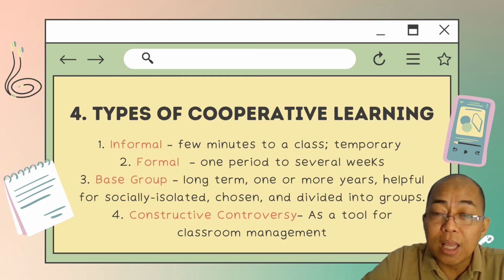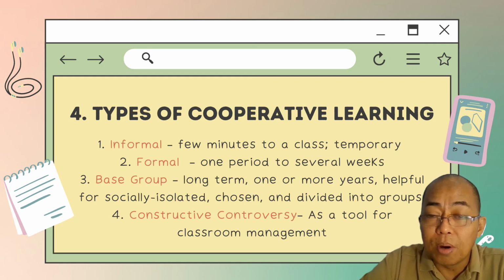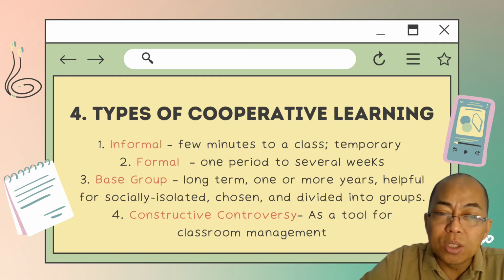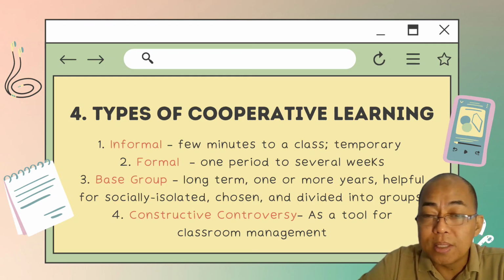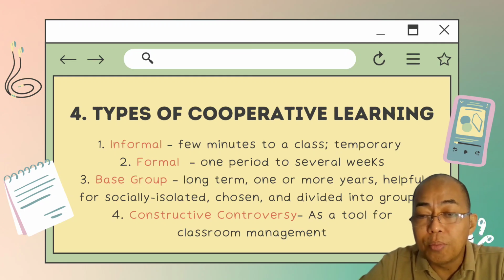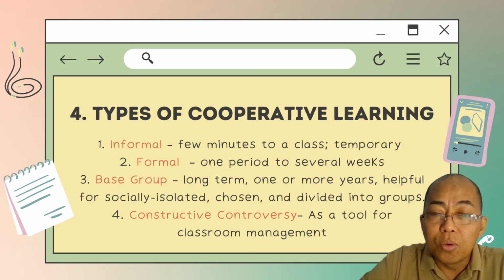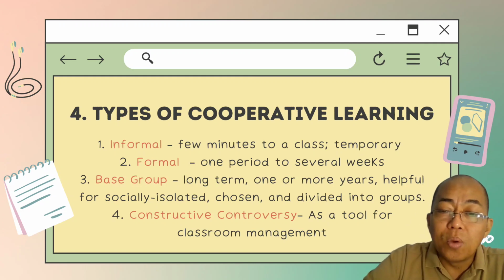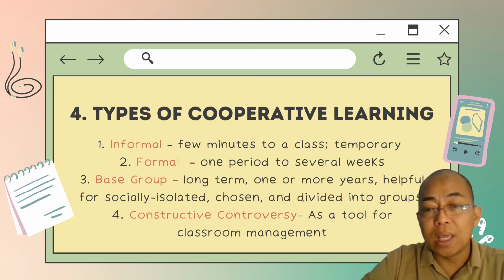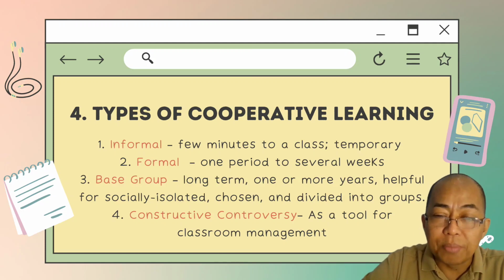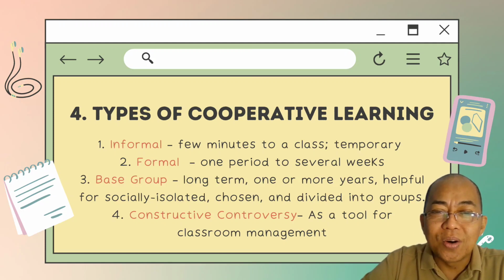So if the issue is about abortion, for example, one group will discuss the pros, why women should be allowed to abort the baby, and the other group will be assigned to cons, why women should not be allowed, why it is killing, or abortion should not be allowed. Okay, so those are the types of cooperative learning.